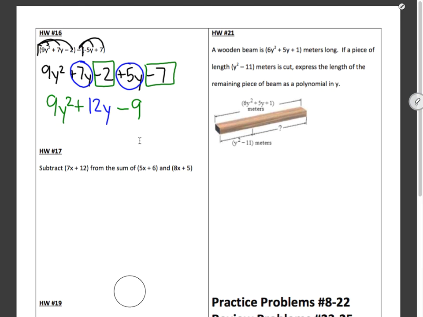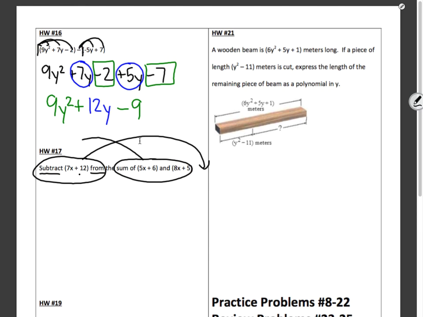On number 17, we've been given a word problem here that says subtract 7x plus 12 from the sum of 5x plus 6 and 8x plus 5. Anytime you see the words subtract from, this part needs to go at the end of the problem, because we're subtracting 7x plus 12 from all of this part.